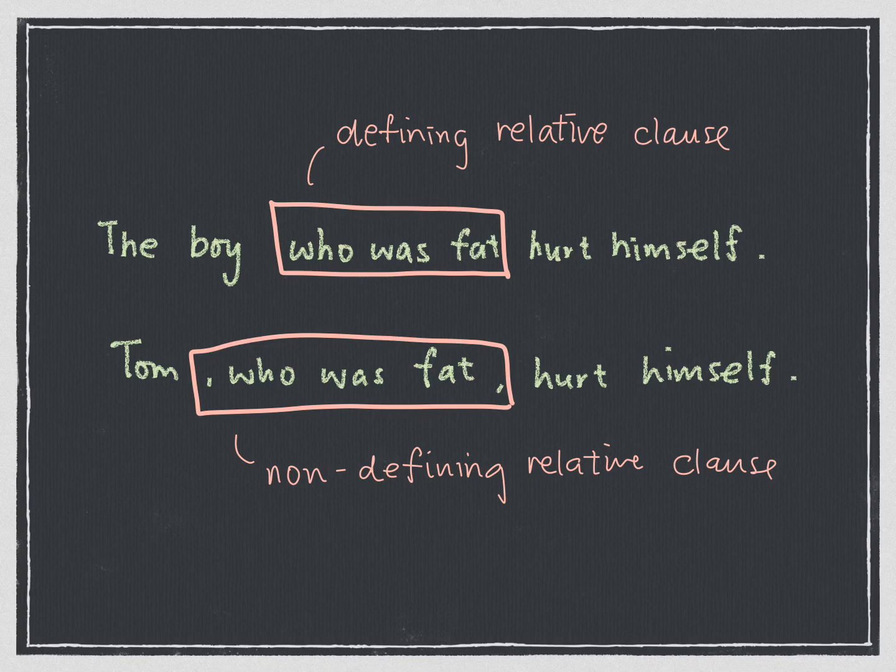But if the noun is unknown, if you don't use the relative clause, you wouldn't know who or what thing you're talking about, then you need a defining relative clause. The easiest way to use non-defining relative clause is on names, like people's names, brand names, or places. So things that are known and can be identified, then you use non-defining relative clause.